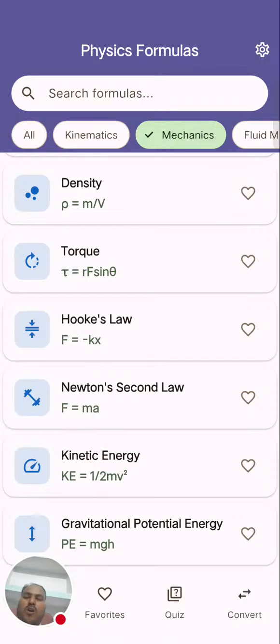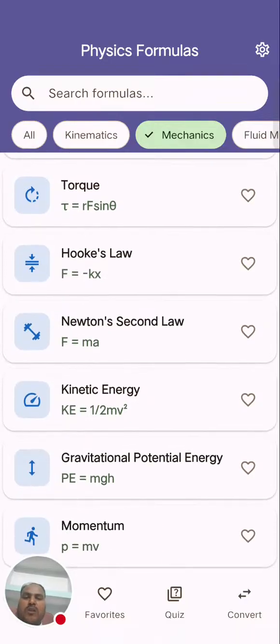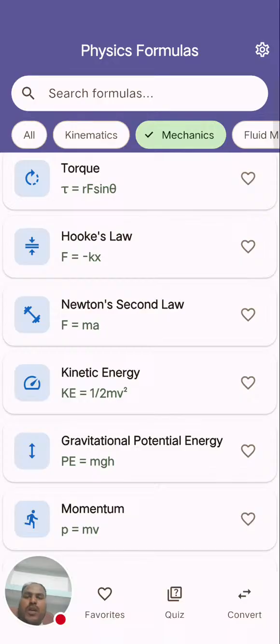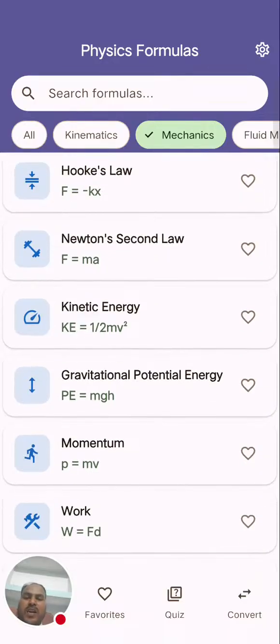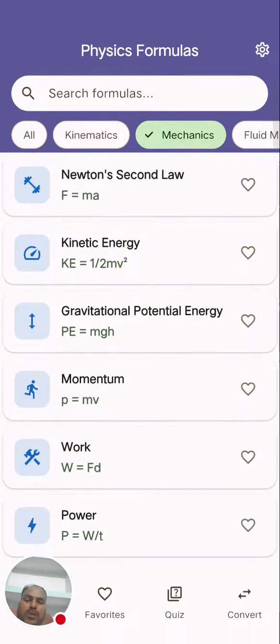Hooke's law, F equal to minus K into X, where K is a constant and X is the displacement. Newton's second law, F equal to m into a. Kinetic energy, K equal to half mv square. Gravitational potential energy, P equal to mgh. And momentum, P equal to mv.